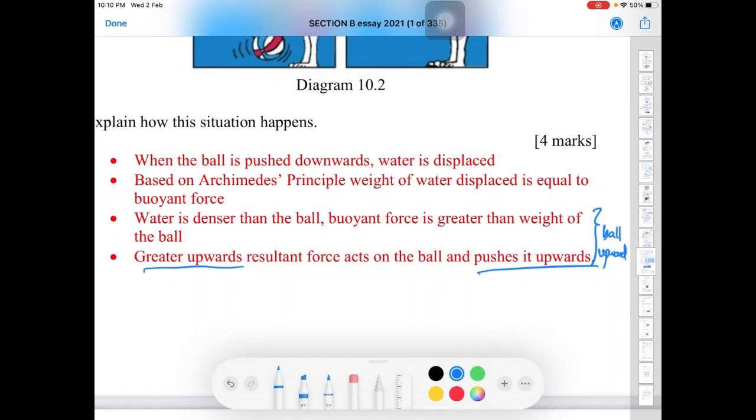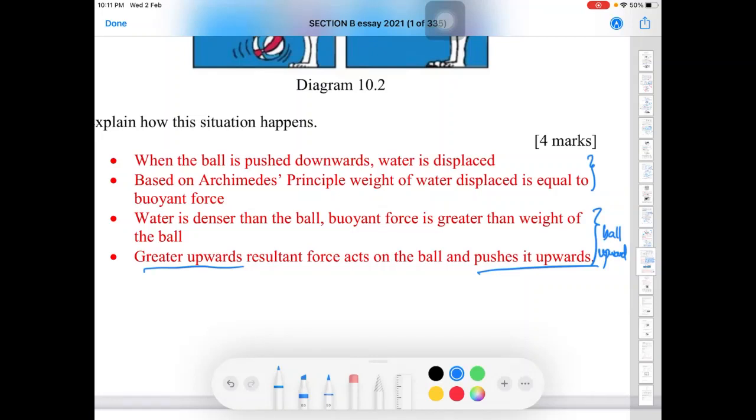Okay, yang dua ni nak cerita kenapa ball tu ada force yang pergi ke bawah tu. You tolak dia, maksudnya dia akan displace water. Displace water tu nak kaitkan pula dengan bila dia nak naik atas, mestilah ada satu force yang push dia upwards. So yang push dia upwards itu adalah buoyant force. So kalau tak ada buoyant force di dalam air itu, bola tu tak boleh naik atas. Okay, so you kena terangkan macam ni lah.